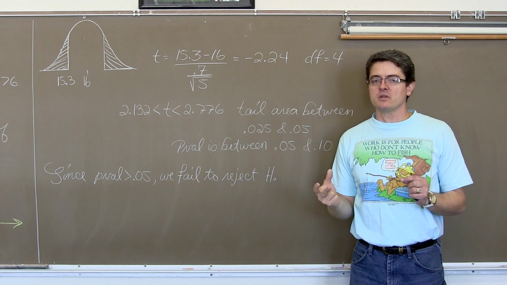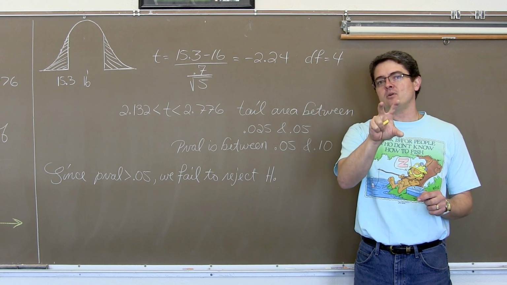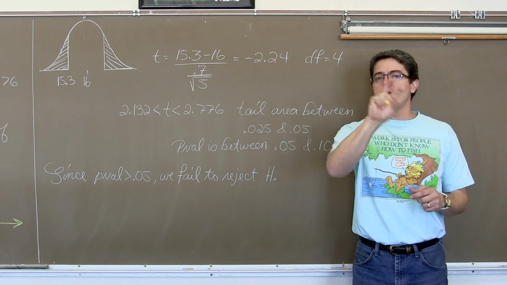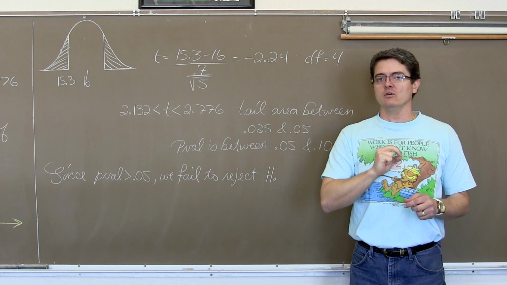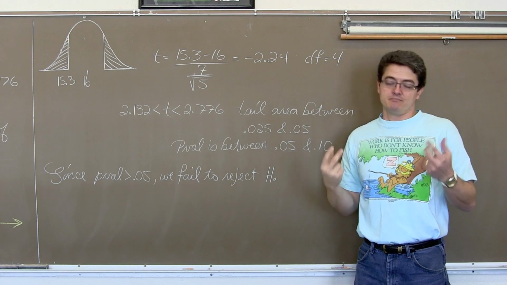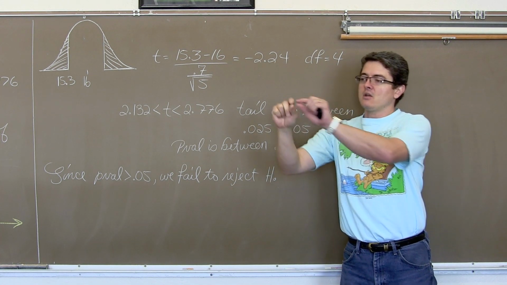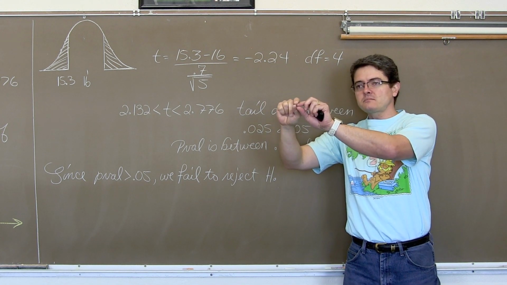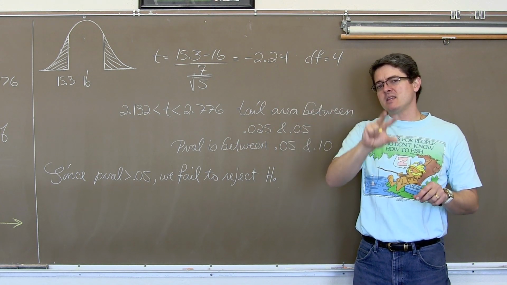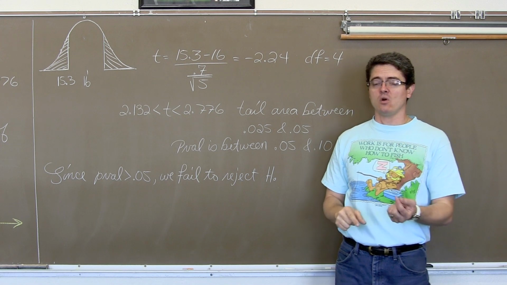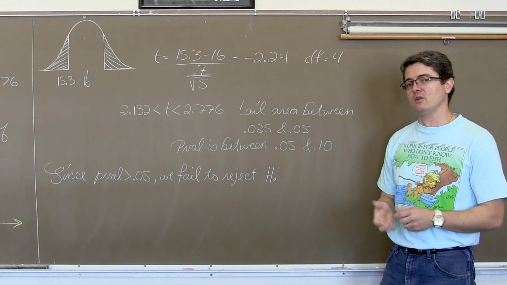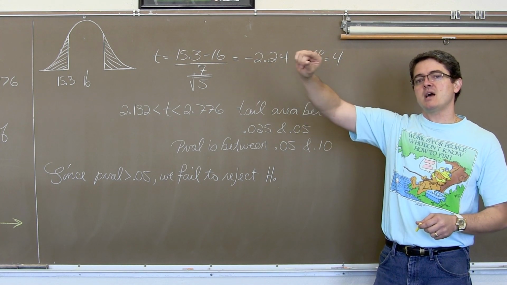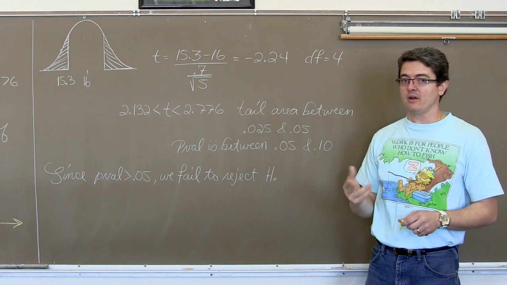Now, unlike a z-score table, where the body of the table is all areas under the bell curve, in a t-table, the t-table I use, going across that row, the numbers inside the body are t-scores, not areas under the bell curve. The only place where there's an area is at the top of that chart where it says tail area.